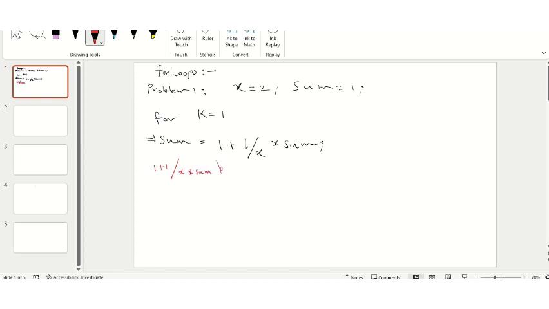This is one fashion you can write, and 1 plus 1 by x into sum, this is the second fashion you can write. Out of these three, which one is correct, sir? Third one.